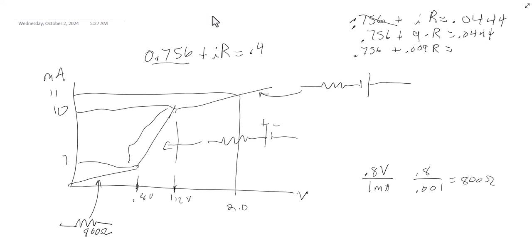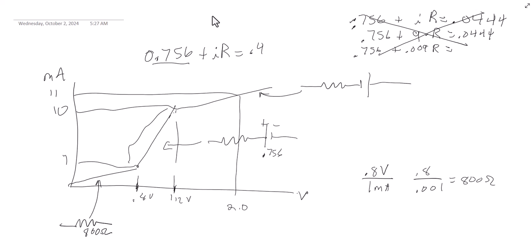Yeah, ignore me. All we need to do is find the resistance from the slope. We know that this piece is going to be 0.756 because it's in the operating region, and then we just need to find the resistance.